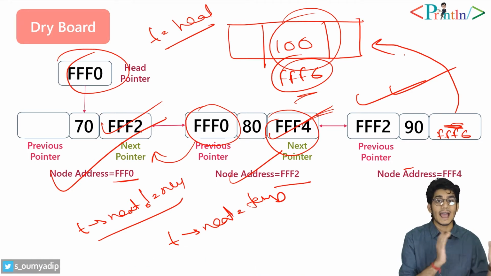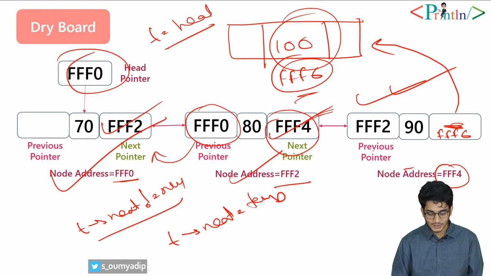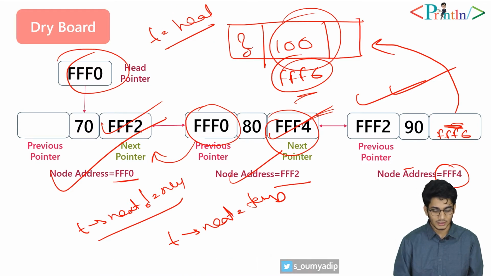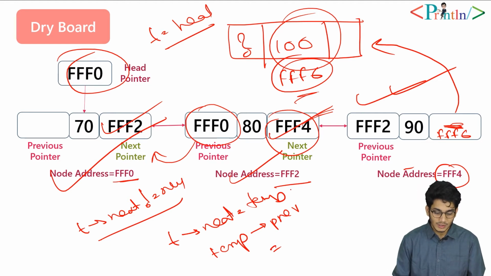But what are the other modifications that we have to perform? We have to set this address over here. How can we set that? For that we have to write temp prev equals to, now where do we have this fff4?